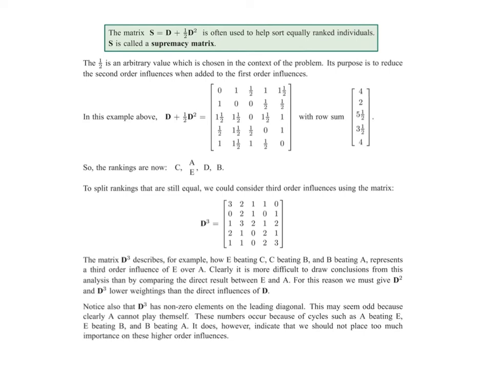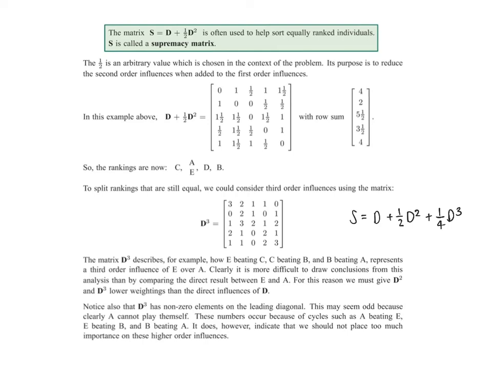If we calculate a supremacy matrix of the third order, we reduce that too. So for the third order supremacy matrix, we use D plus half D squared plus a quarter D cubed, just to reduce the reliance on the third order.